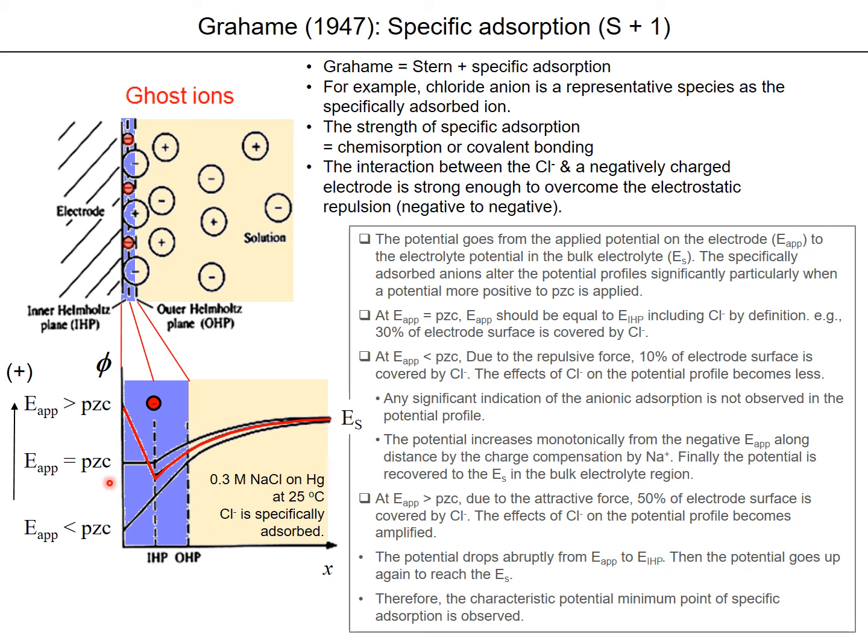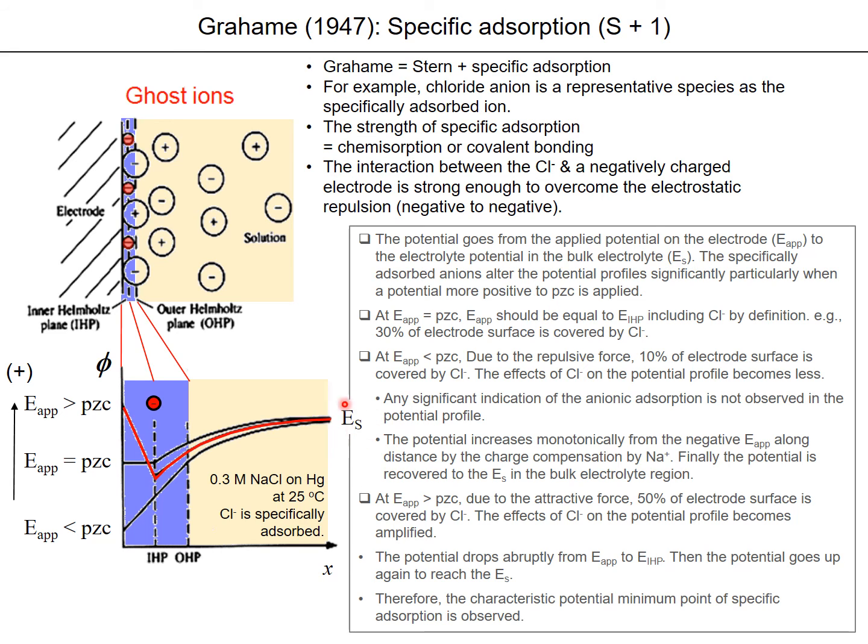I'd like to apply several potentials to the electrode. In any case, the potential goes from the applied potential on the electrode, E_F, on the surface, to the electrolyte potential in the bulk electrolyte, or potential of solution.